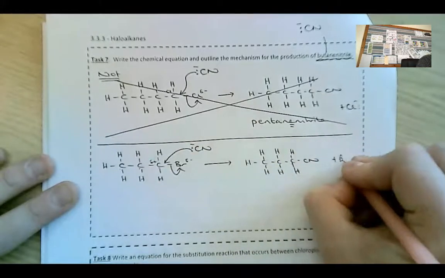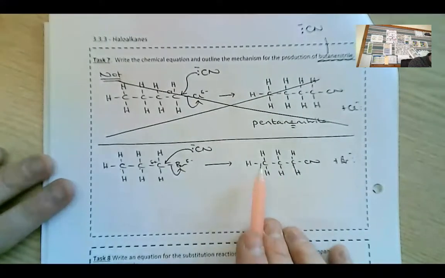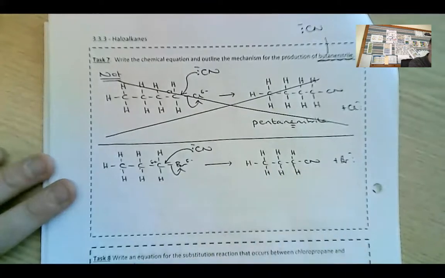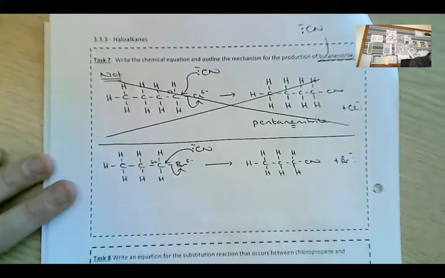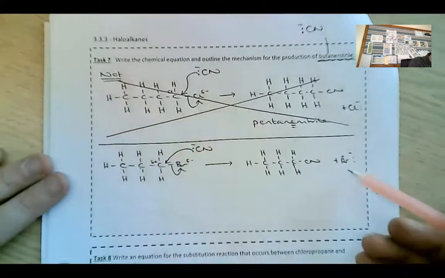And the bromide ion is kicked off to do its own thing. So now we have made butane nitrile because we've got meth, eth, prop, but. We've got that correct number of carbons, okay? So it says write out the chemical equation and outline the mechanism. So we've done the mechanism.